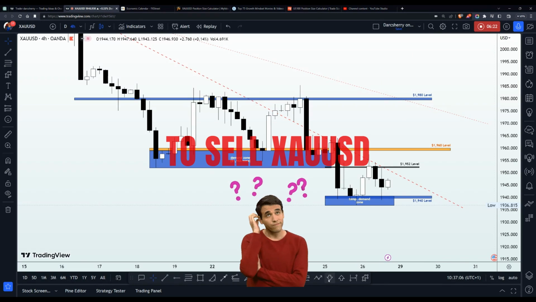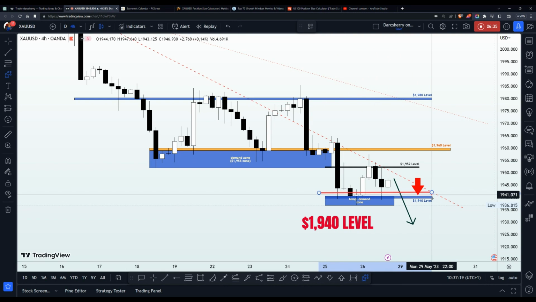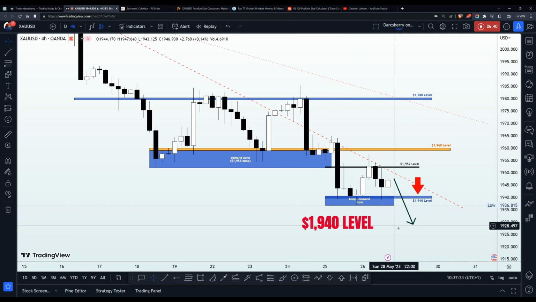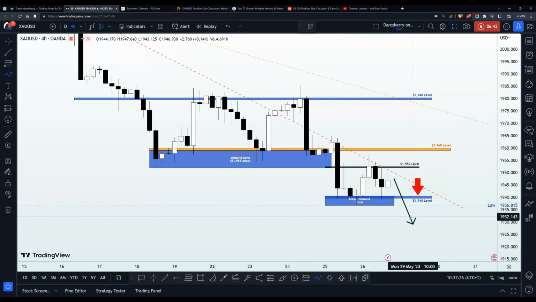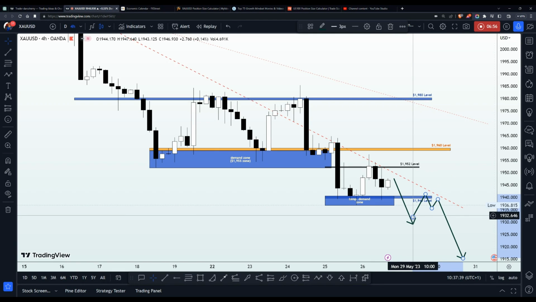For me to sell the XAUUSD this week based on this current market structure, I want to see price action take out all the buy positions around the 1940 to give me a signal that sellers are still very strong in this market. And in fact, a breakdown, and if we are lucky enough, a retest of the structure, which also shares a confluence with a bearish trend line, will be giving us more opportunity to add more positions to our existing trade. So this is how I'm going to be looking at the XAUUSD today and for this week.